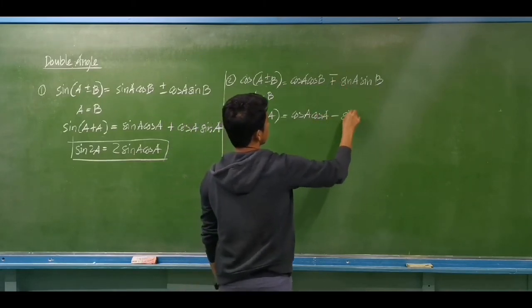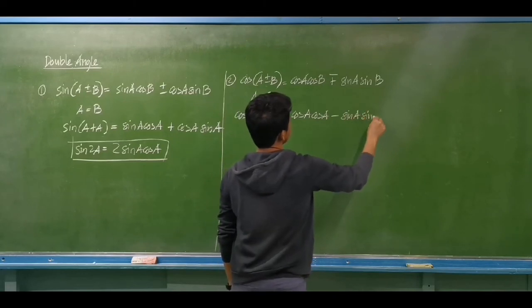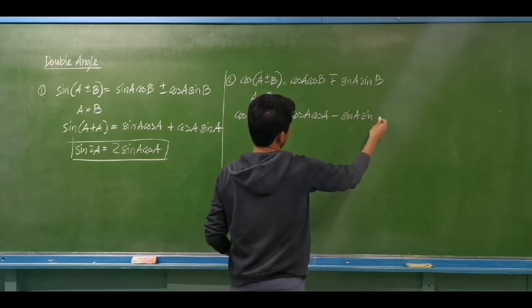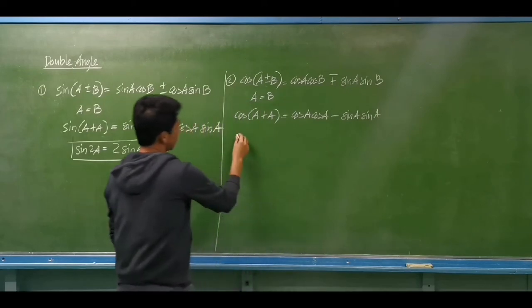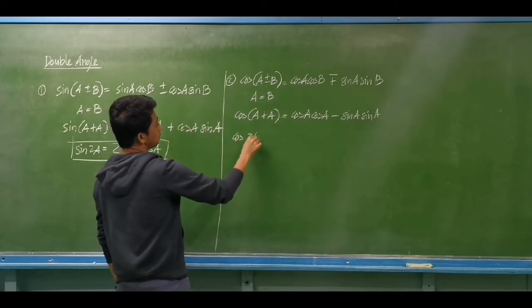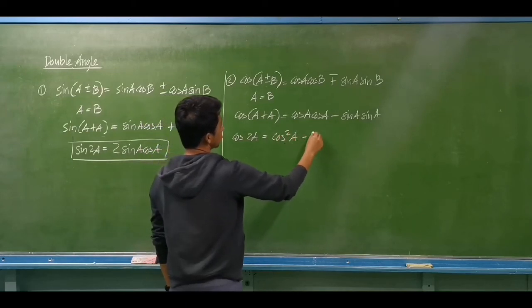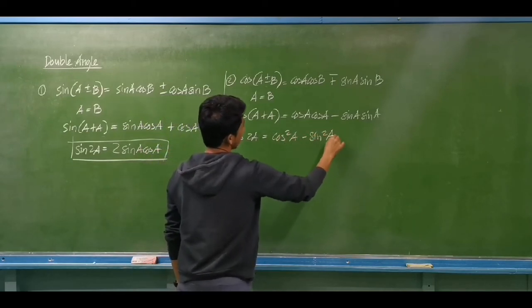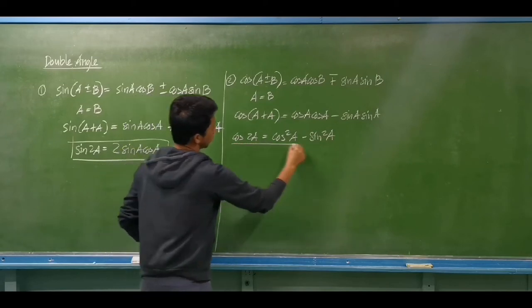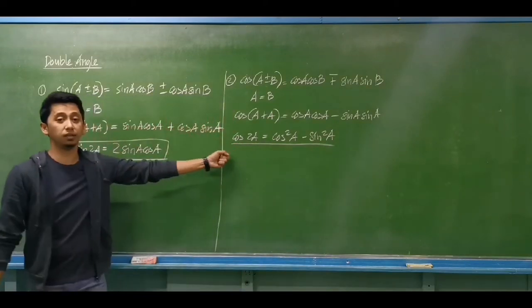Minus the sine of angle A, the sine of angle A. So ang equivalent nito is cosine of 2A is now equal to the cosine squared of A minus the sine squared of angle A. So isa ito sa equivalent ng double angle identity for cosine.